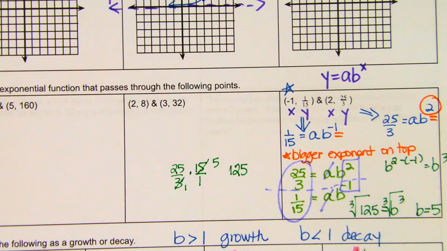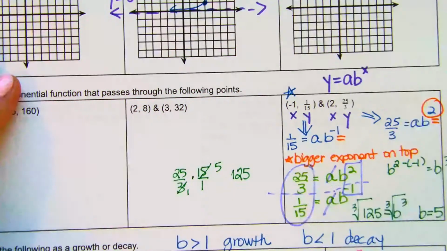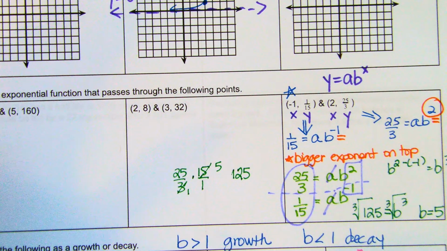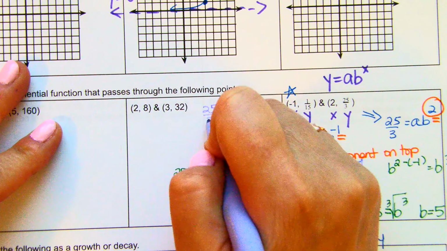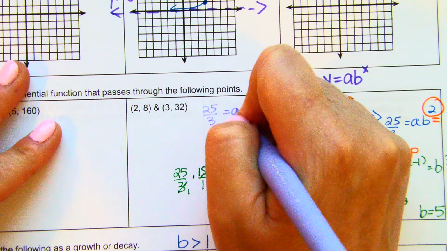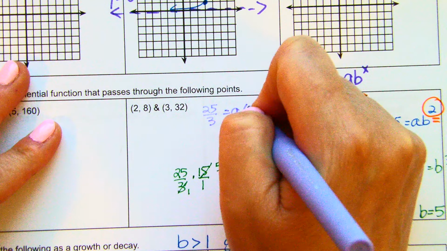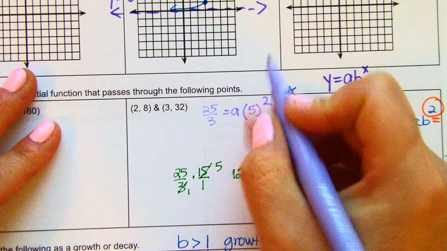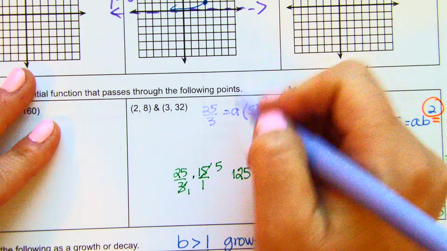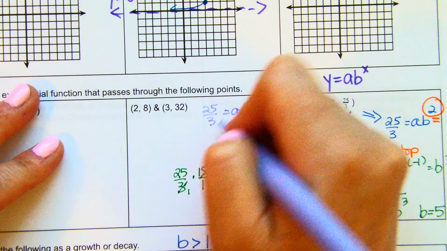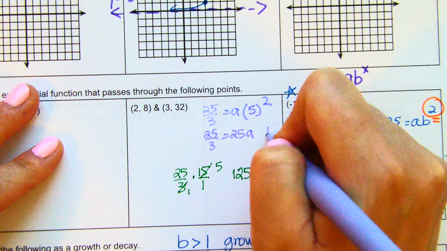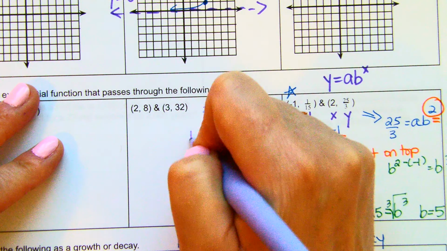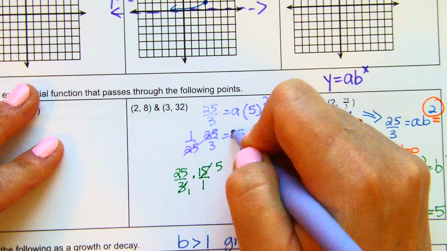Now, once you know what b is, you're going to plug it into one of the other equations to get a. So I'm going to plug it into this one. So I'm going to have 25 thirds equals a. And instead of b, I'm going to put a 5. So that's 25. And when I divide both sides by 25, here I'll show the work. So I'm going to multiply both sides by 1/25.